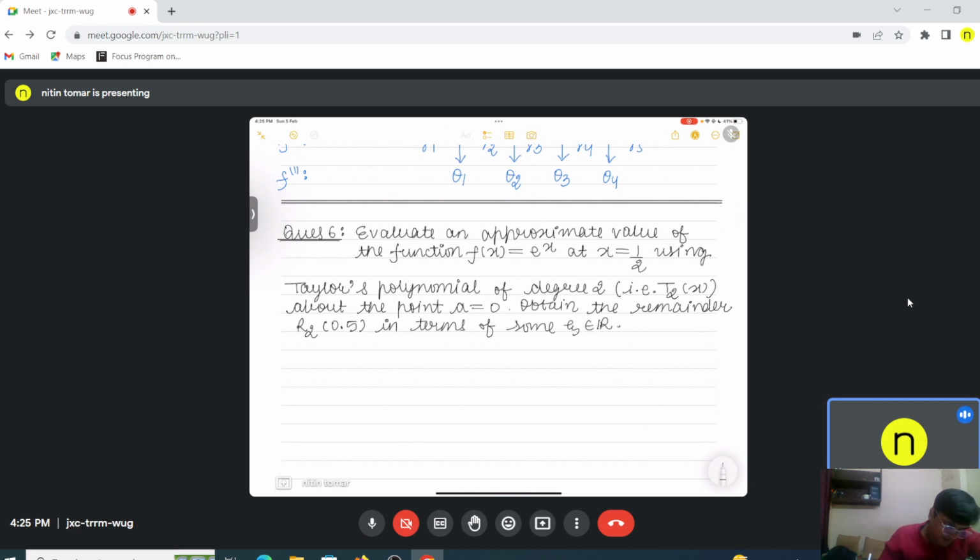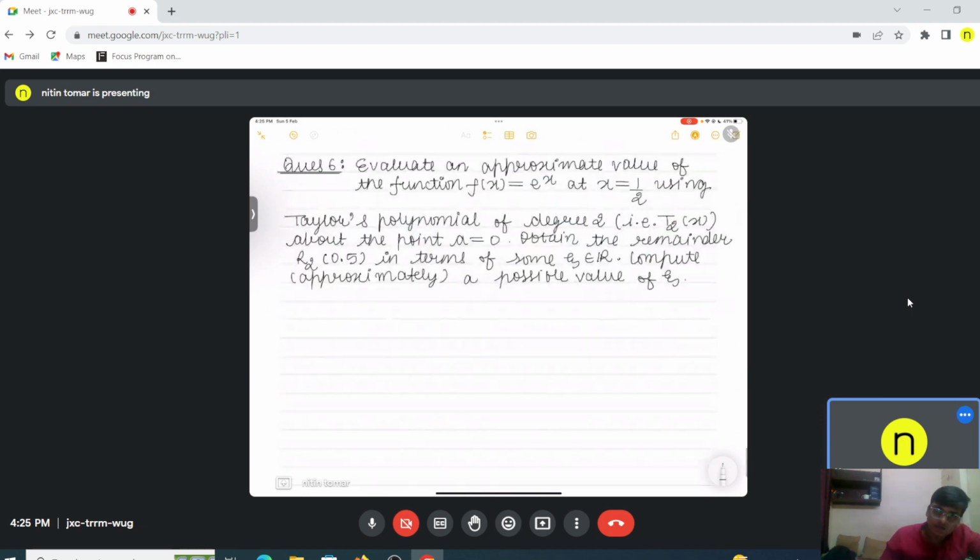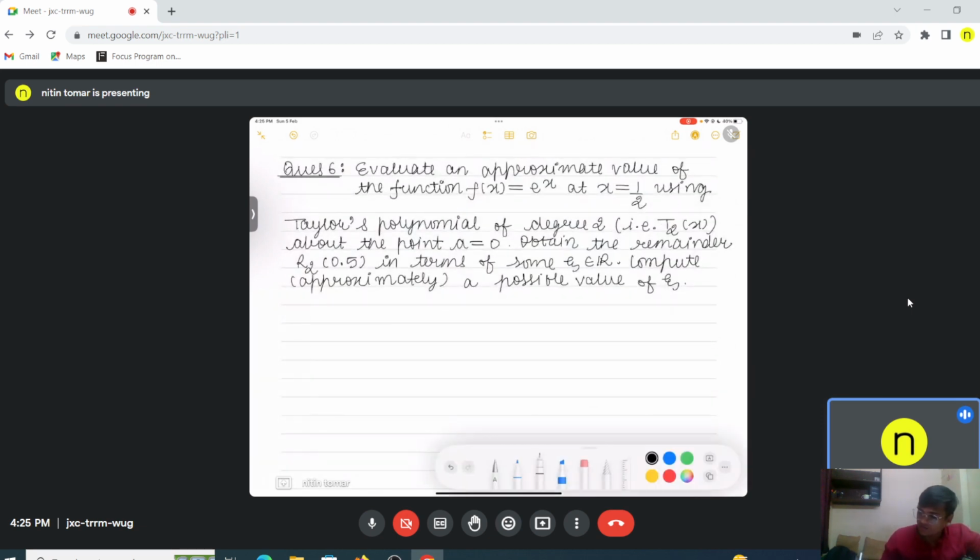This is one thing that we have to do, and secondly we have to compute the value of xi. Because it might be difficult to give the exact value, we are demanding that you just give the approximate value. Compute approximately a possible value of xi. Okay, so is the question clear to all of you?